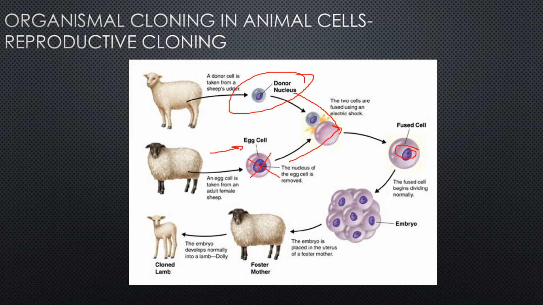And then those fused cells begin to divide as they usually would, producing an embryo. And that embryo is implanted into a surrogate mother, basically. And it's using the natural hormones of the mother to develop that embryo into a full organism. So that is how we clone an animal.